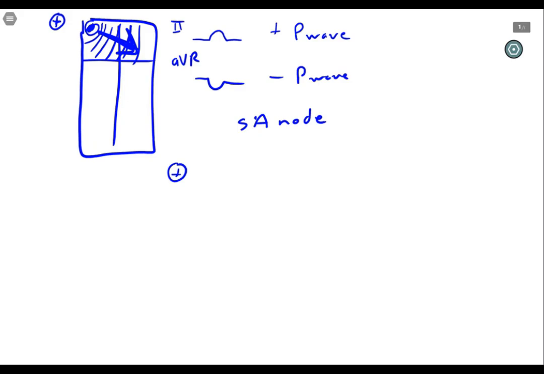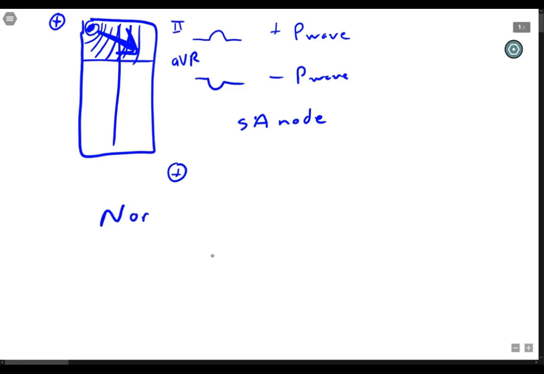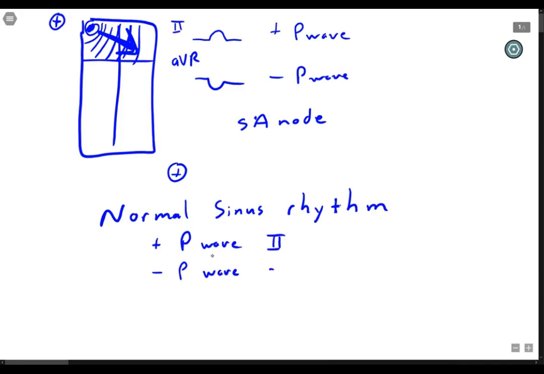So what we're going to look at is, what is a normal sinus rhythm? To define whether or not it's normal, you're going to look for a positive P wave in lead 2 on the ECG. You're going to look at AVR, and see, is the P wave negative in AVR?